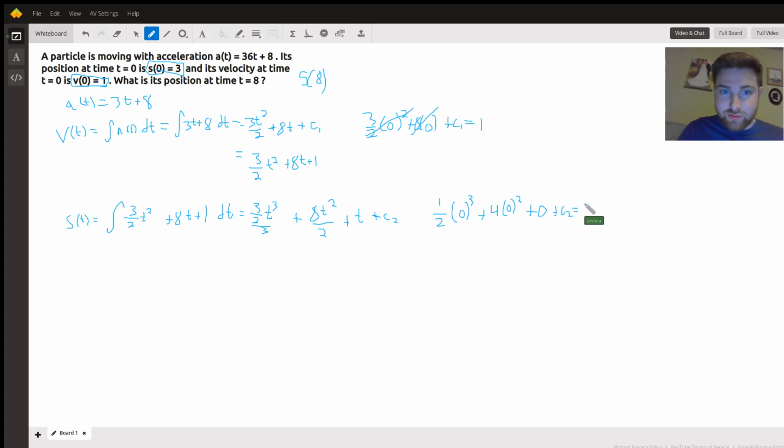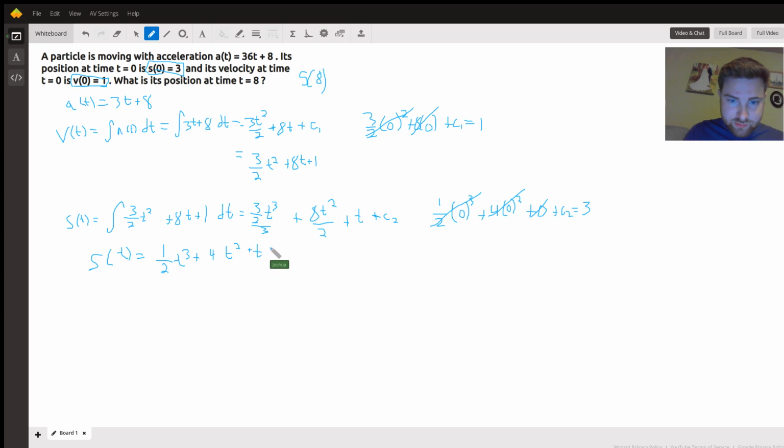And that better be 3. So that goes away, that goes away, that goes away. C2 equals 3. So now we have a function, S of t. Sorry, it's kind of hard to write with a mouse. S of t simplifies down to 1/2 t cubed plus 4t squared plus t plus 3.